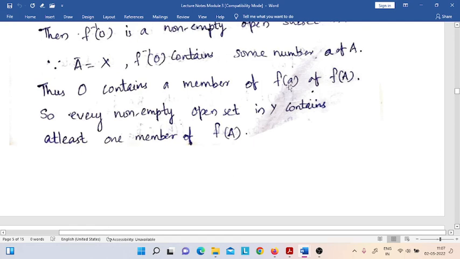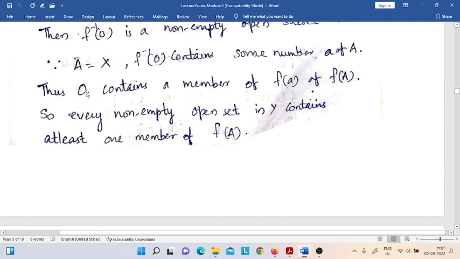How do we get that? We get that F of a is a member of F of capital A, and also F of a is a member of O. Which one is the non-empty open set in Y?